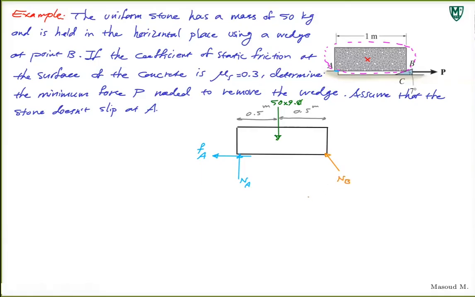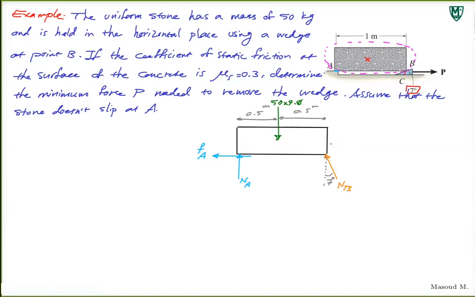This NB, I really exaggerated that. Maybe I could make it less exaggerated, more close to reality. It's still exaggerated, but otherwise we can't see. This angle right here is 7 degrees, coming from this value right there.